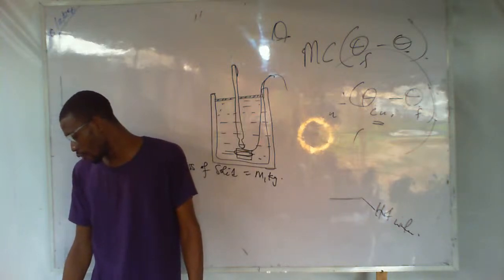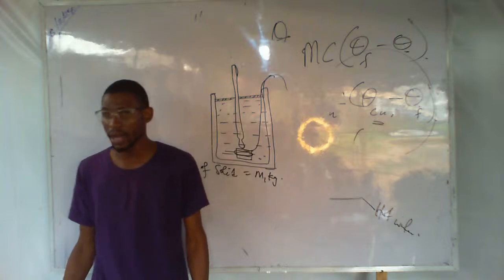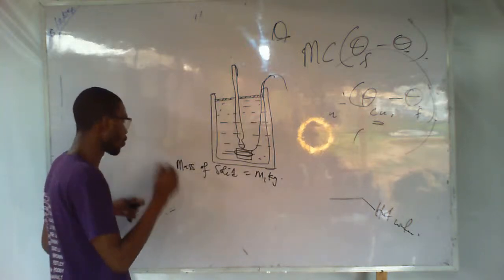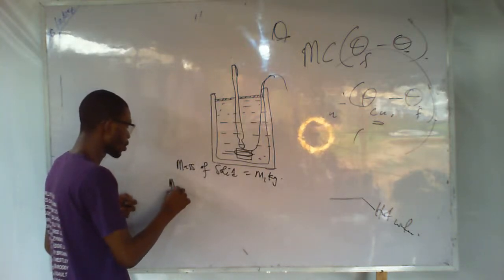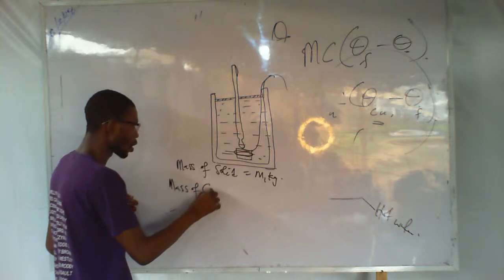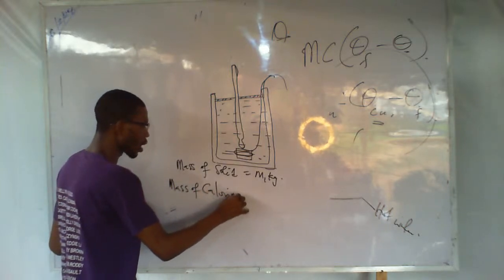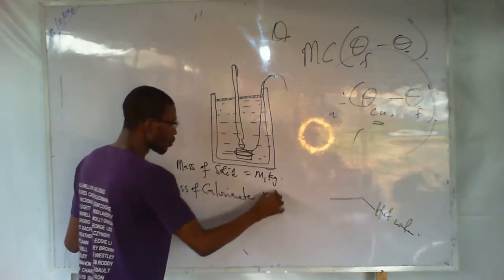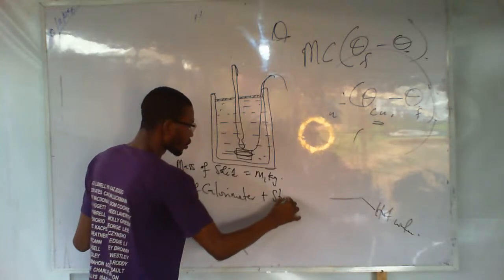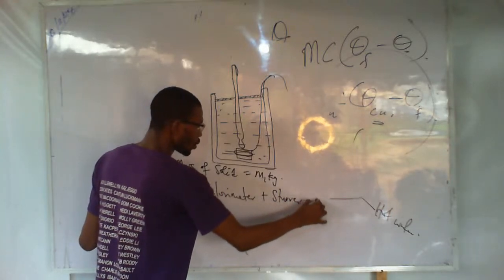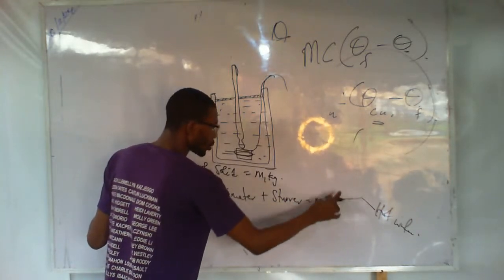Write the mass of calorimeter plus stirrer to be equal m2 kg.